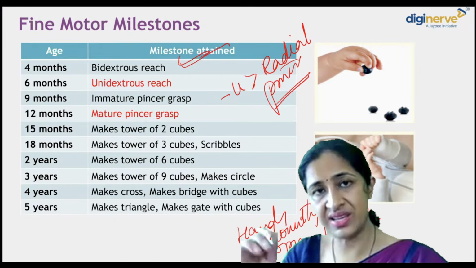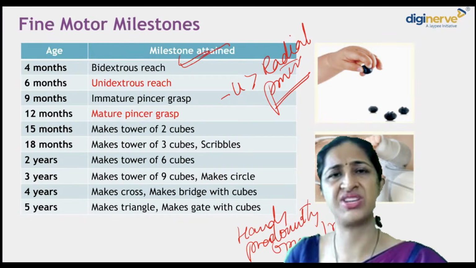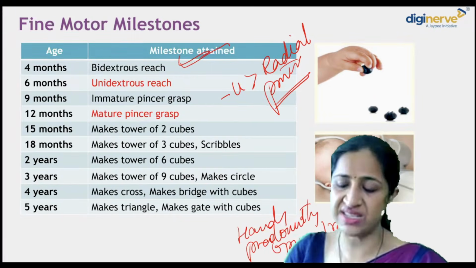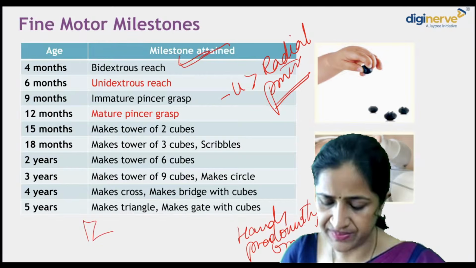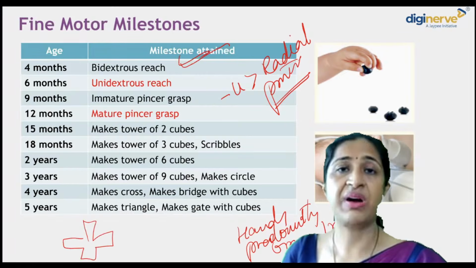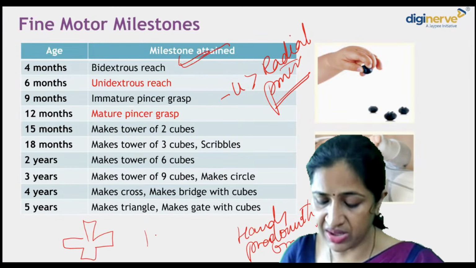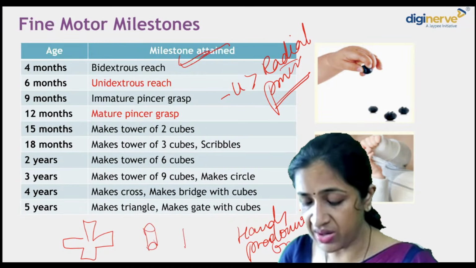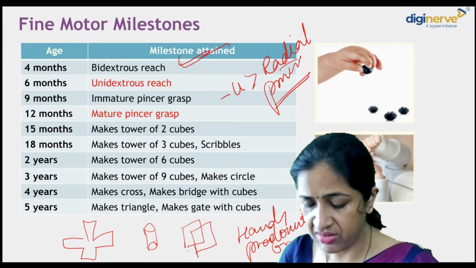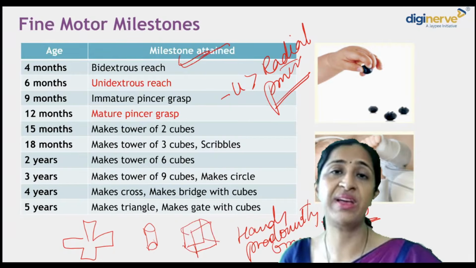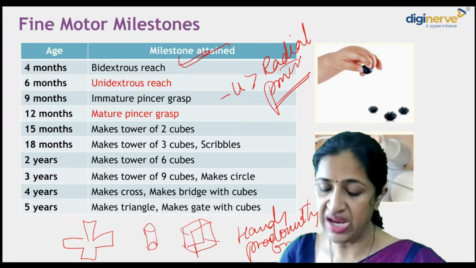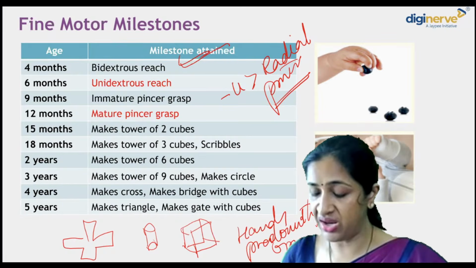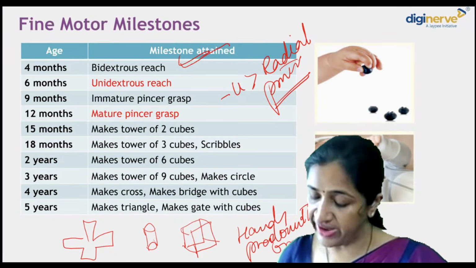By 6 years, a kite, a rhomboid-like shape. By 8 years, child is also able to make a cylinder. Cube, by 11 to 12 years of age. Now, remember, all these are copied, not trained children.